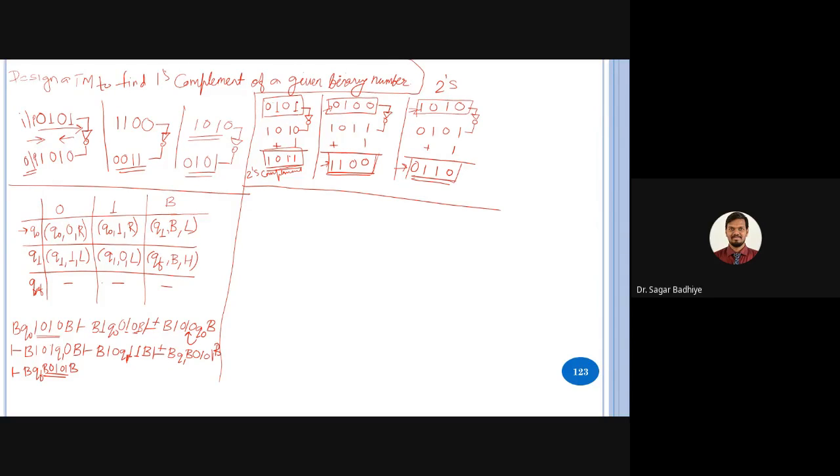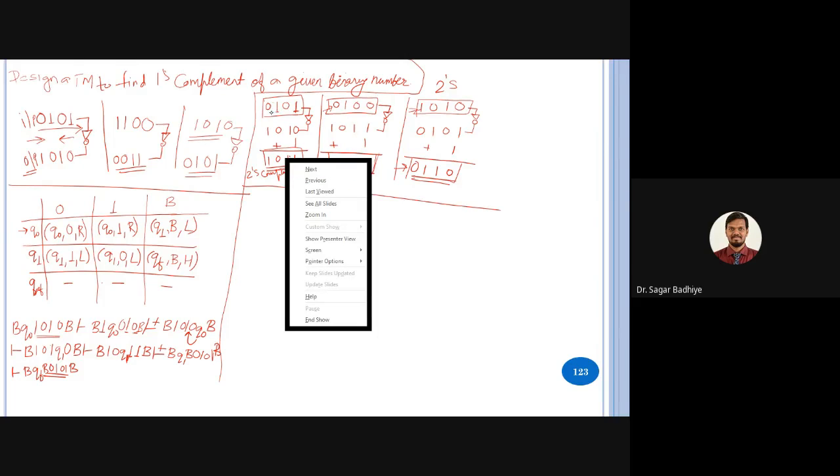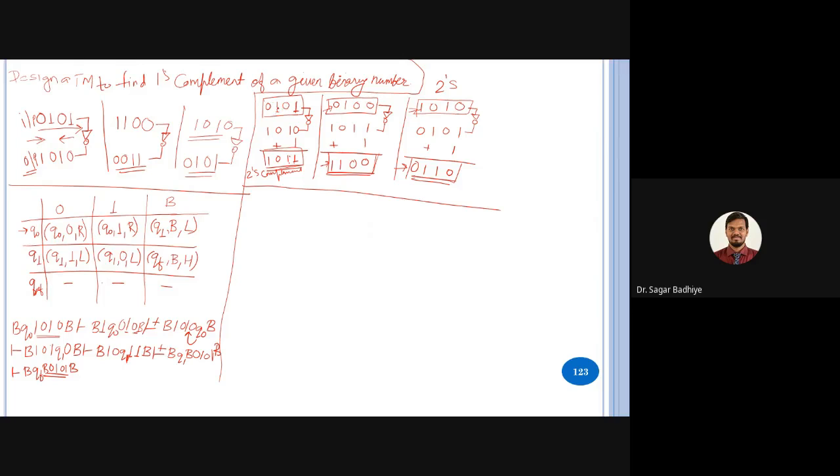See, if the input is 1 over here, the output is 1. Input is 0, output is reverse. Input is 1, output is 0. Input is 0, output is 1.